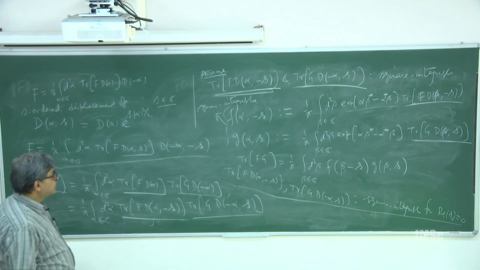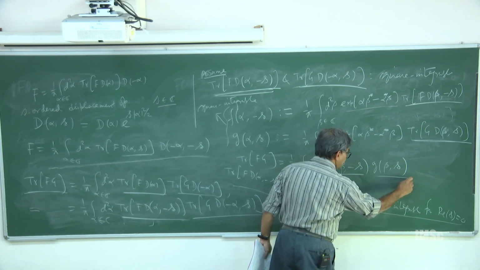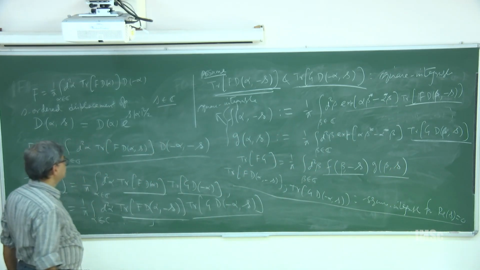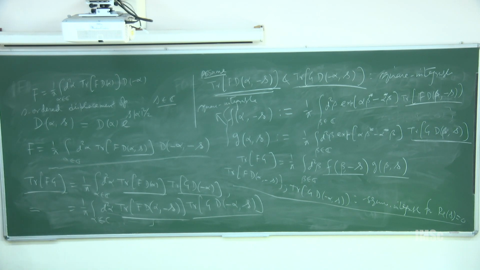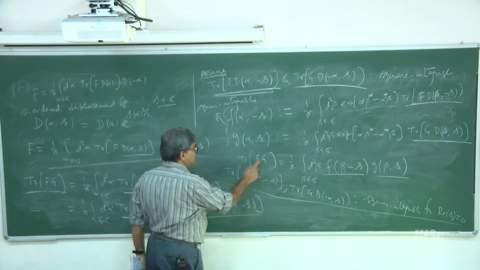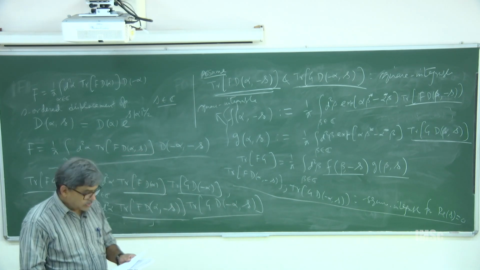So this is square integrable, but this is not, or vice versa. But the exponential factor which is causing the problem will cancel out. So there is no problem. And we know physically that if these two are bounded operators, their trace is finite.